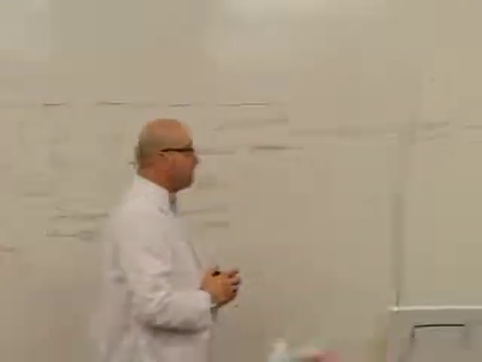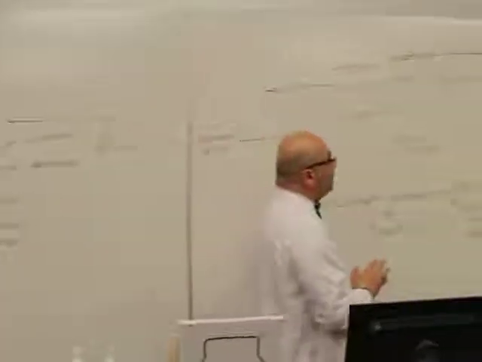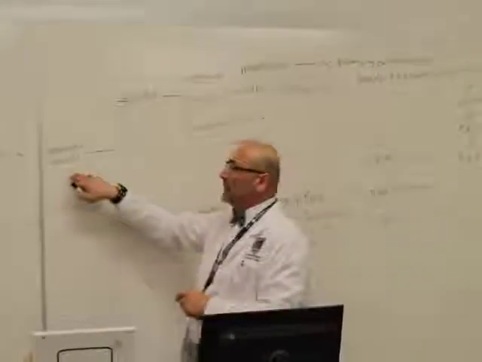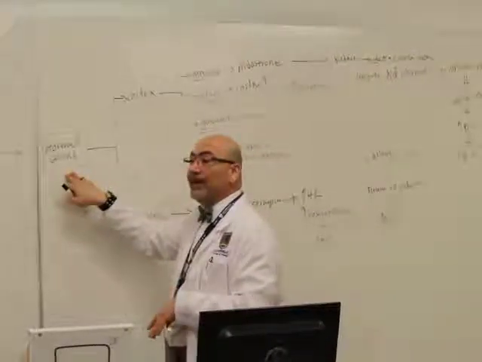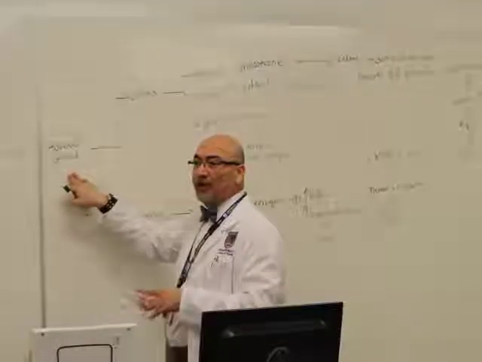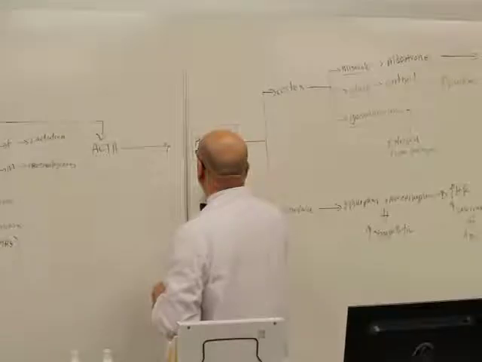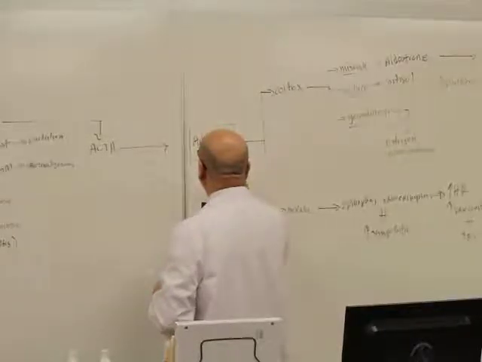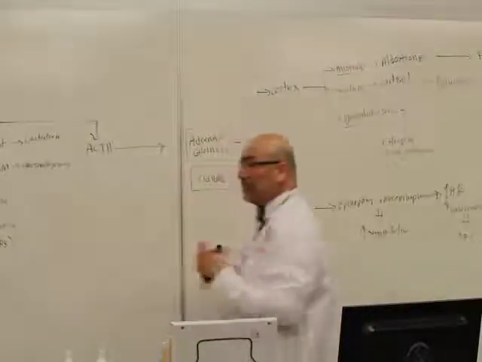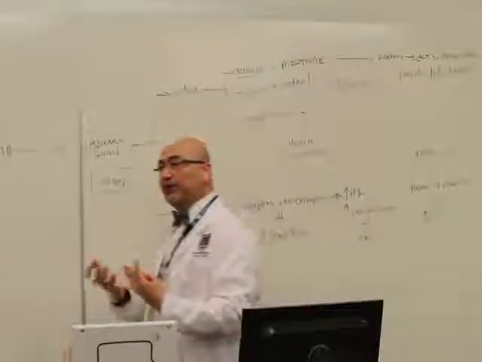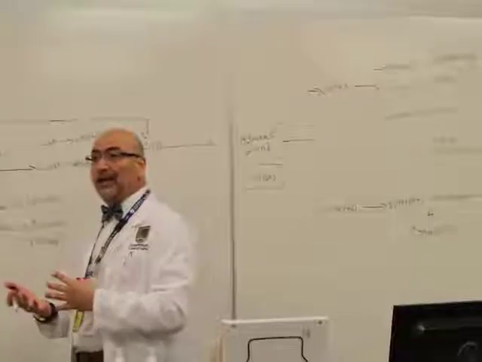For instance, if we go to the adrenal gland, inferior to the adrenal gland, we have what? Kidneys, right? So kidneys have a lot of functions. Primarily they are known for filtration and urine formation.